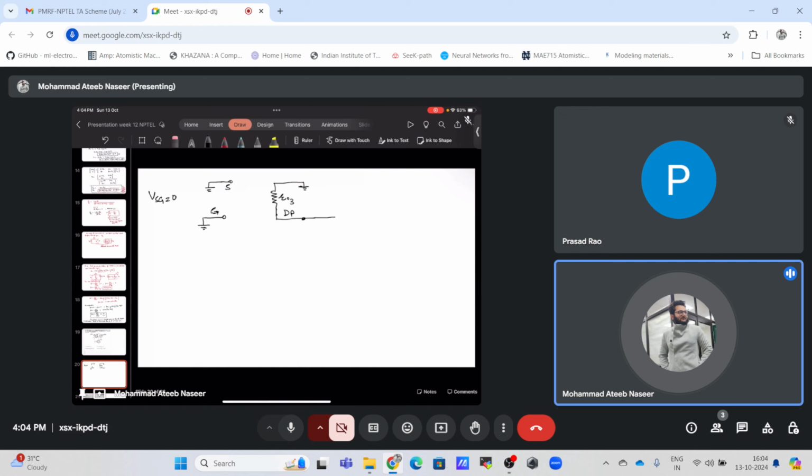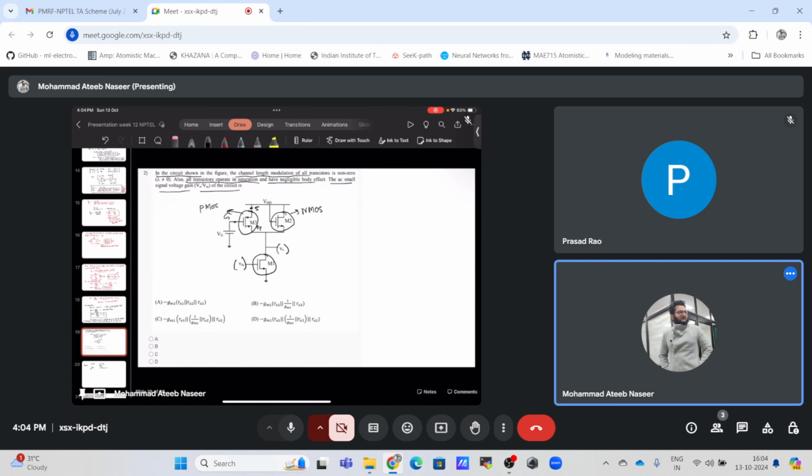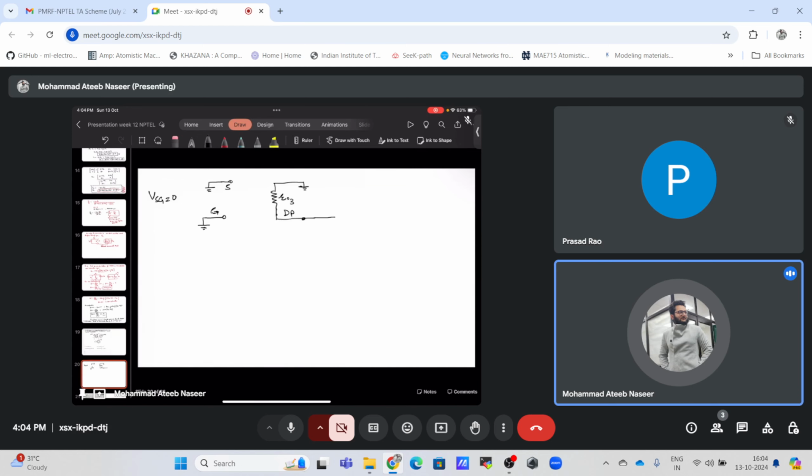For the other MOSFET, which is NMOS, the gate is again connected to the ground. This is the source of that NMOS, and it has a dependent source GM times VGS.